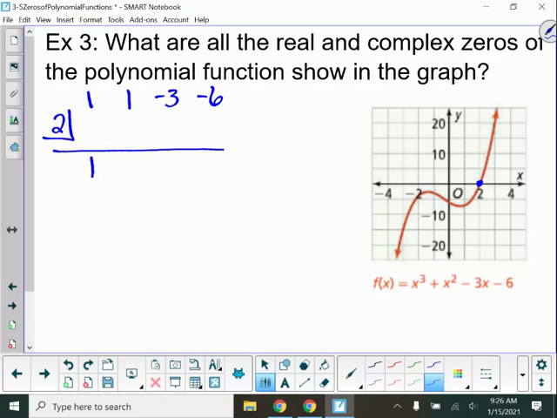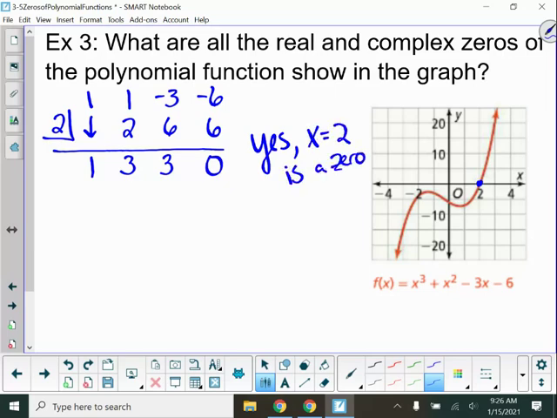Do my synthetic division. Again, we bring down the 1, multiply and add, multiply and add, multiply and add. So yes, x equals 2 is a zero, and it's actually a real zero.